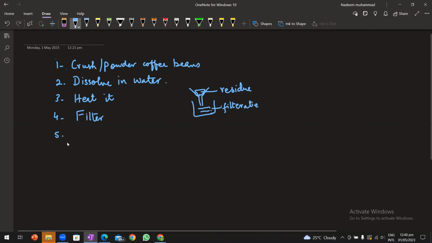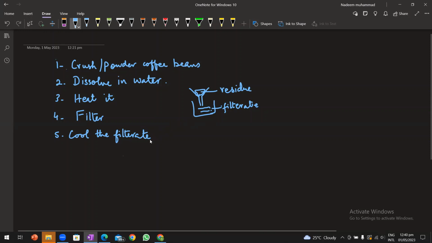So leave the filtrate and let it cool down, because the filtrate contains both the caffeine as well as the dissolved impurities.